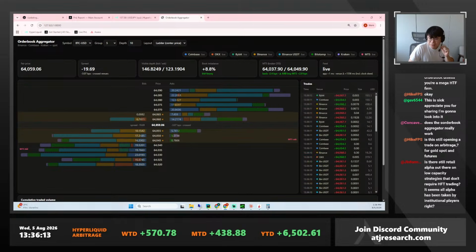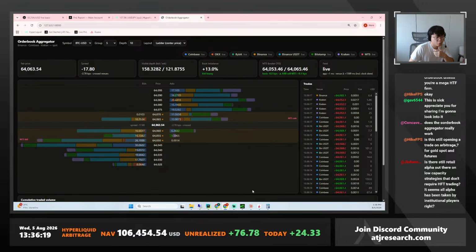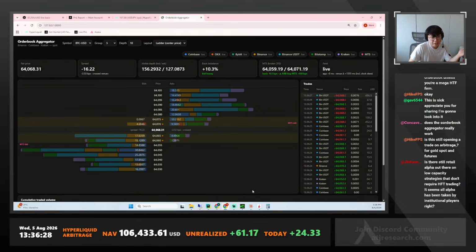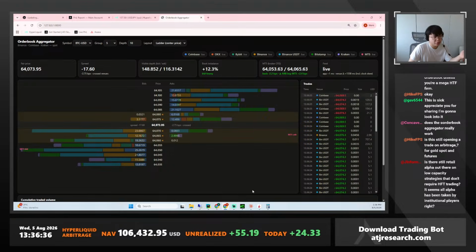Yeah, thank you. Does the order book aggregator really work? Well, the question is, what should the order book aggregator do? What's the purpose of this aggregator? It's just data. Depending on the strategy that you deploy or backtest based on level 2 data, you can use it for any type of strategy. So I can't answer if it works or not.